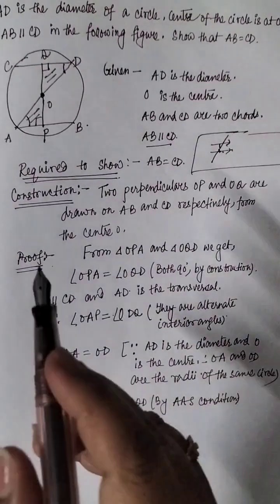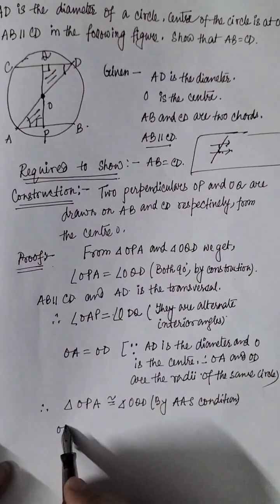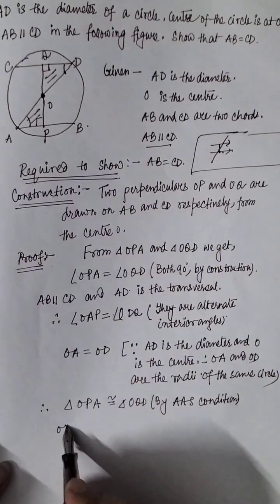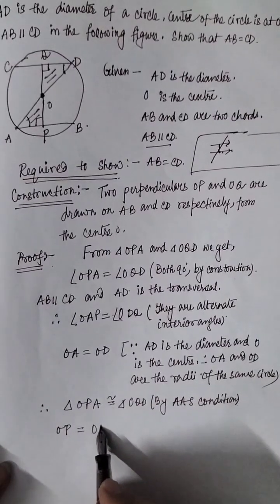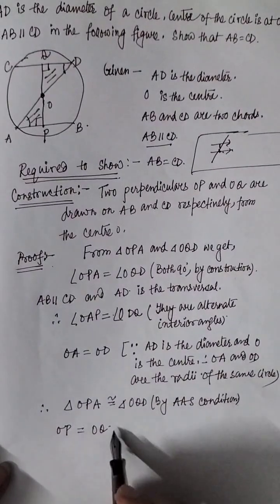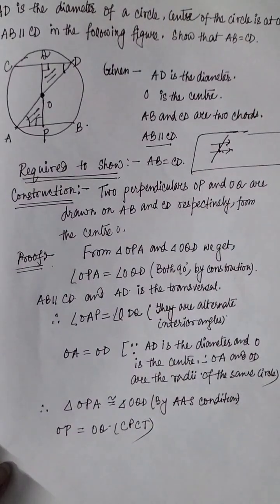So again the same thing, as I have already explained. So OP, because OPA triangle is taken first, OP equals to OQ, CPCT, corresponding parts of congruent triangles.